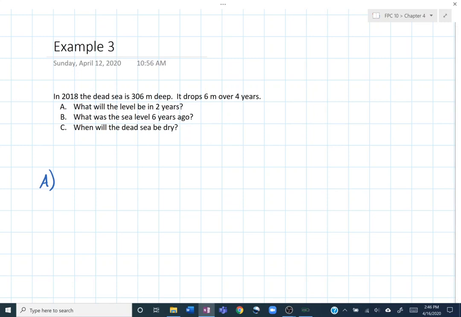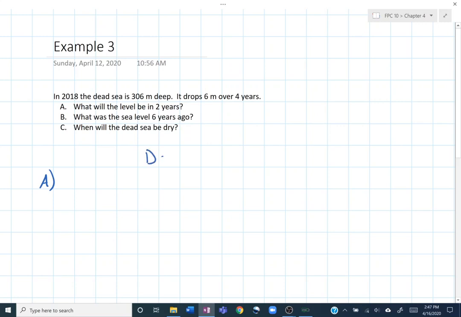So from the previous example, what we did was we made an equation. So if I think about this, maybe I should define my levels, or define some variables. So the Dead Sea is 306 meters deep. That's how deep it is right now.